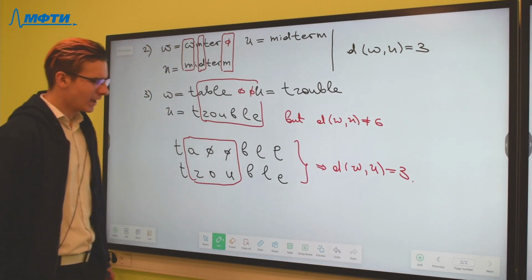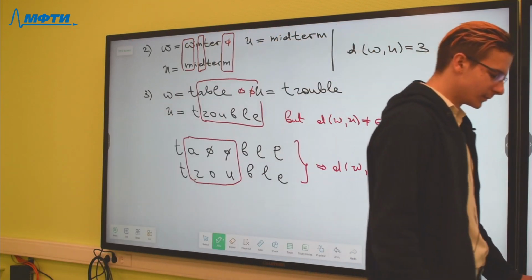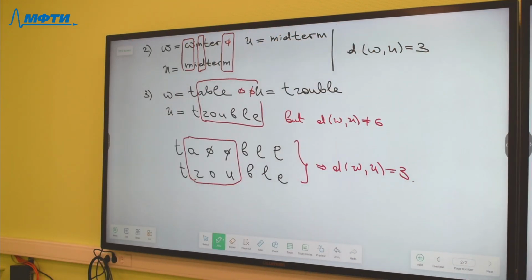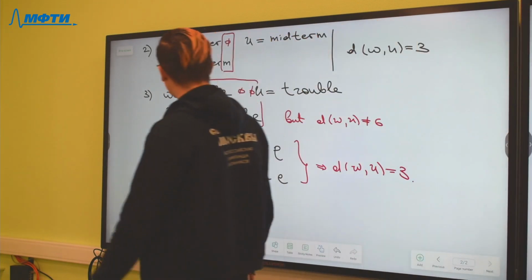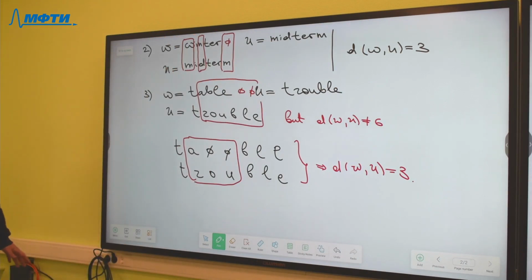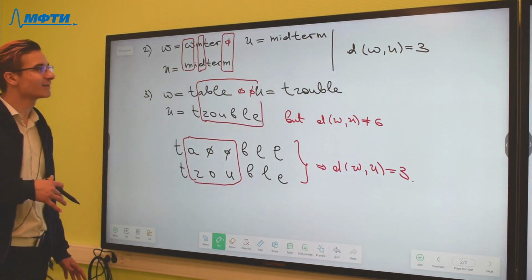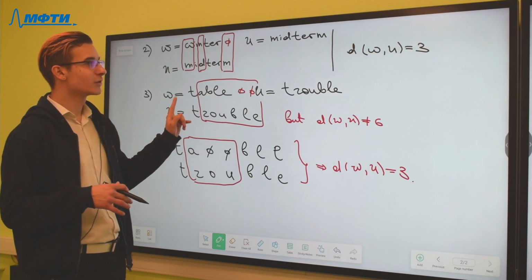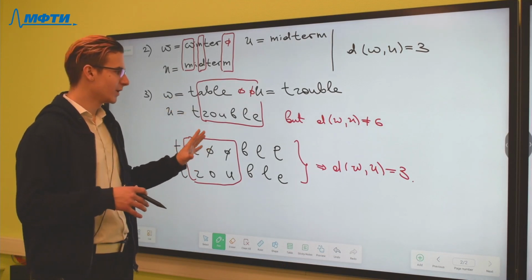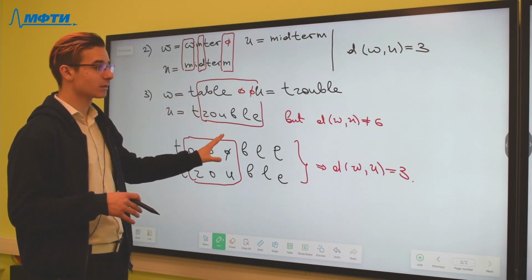I think these two tasks are not connected, but today we talk about matrix multiplication, and that task will be connected with two-dimensional dynamic programming, but not with this task.